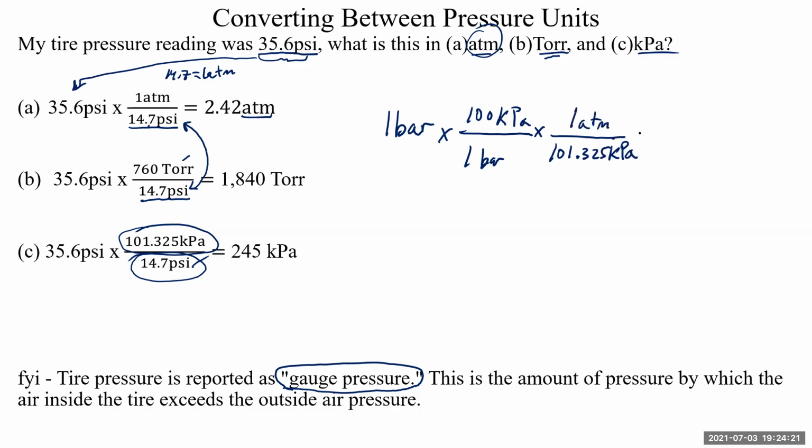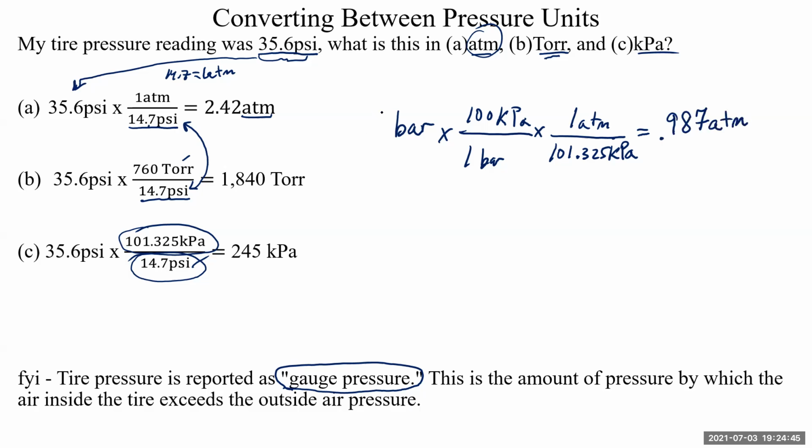So I said it was going to be somewhere around 0.9 something atmospheres for a bar. So 100 kilopascals, divided by 101.325 kilopascals, and that gets us 0.987 atmospheres. So there you go.